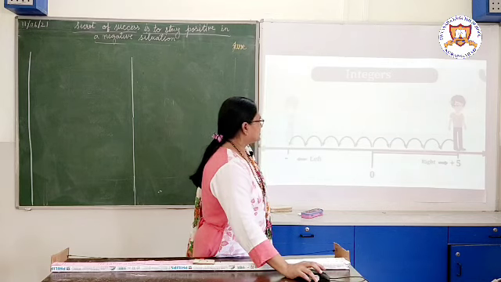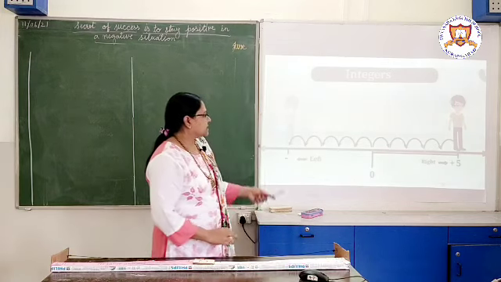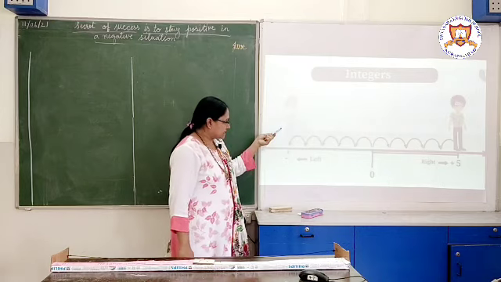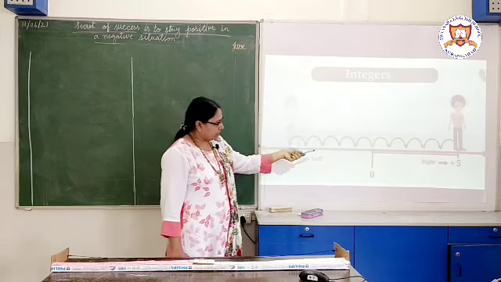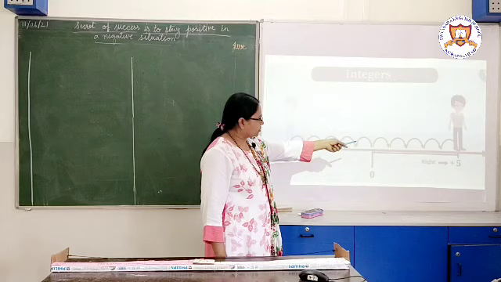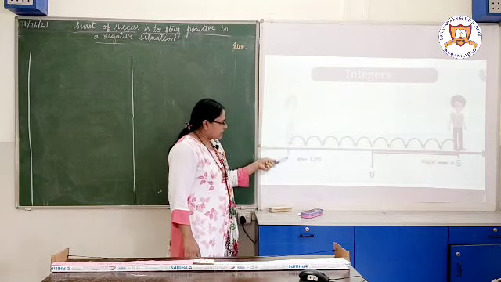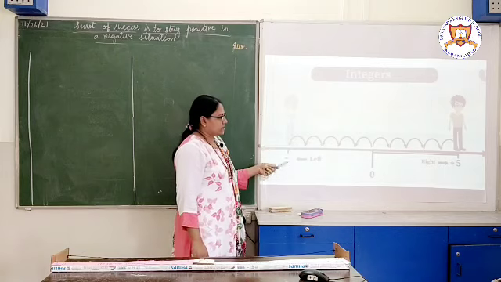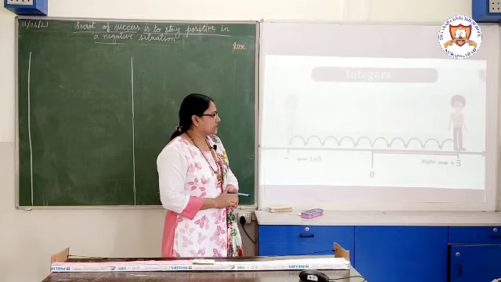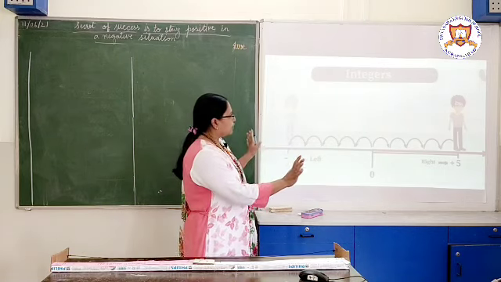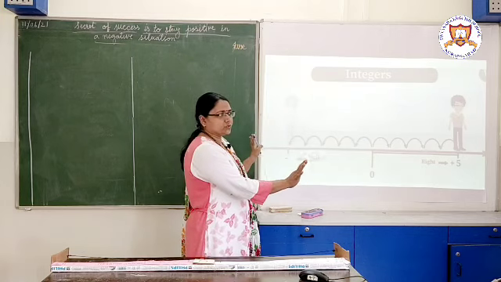Then now here are the directions. See, one boy is there and one girl is here. The boy goes to the right side, how many steps? 5 steps. And the girl goes to the left side, how many steps? 5 steps. How do we say that both are on opposite sides of each other?